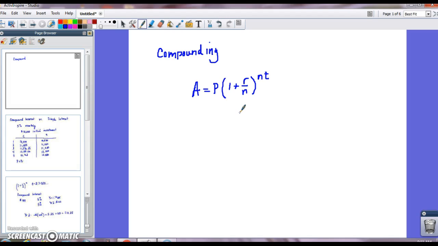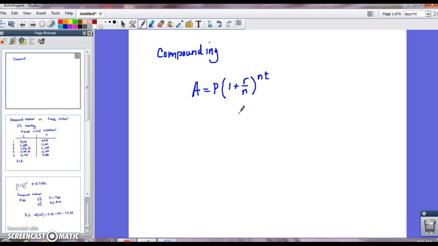Now that is compounding a certain number of times each month. But let's talk about a different scenario. Let's talk about the idea of compounding continuously. And you think, oh, what does that mean when you say compounding continuously? Well, that means not just every week or every day or every hour.